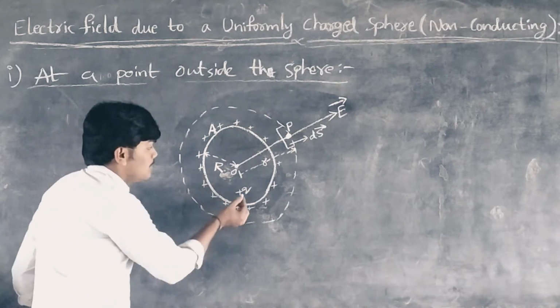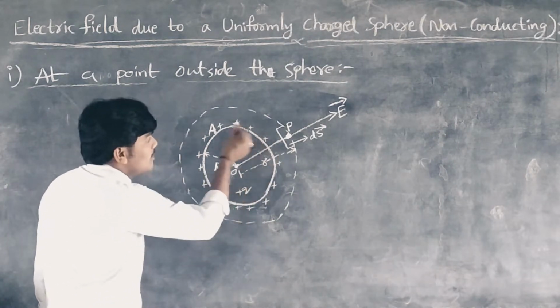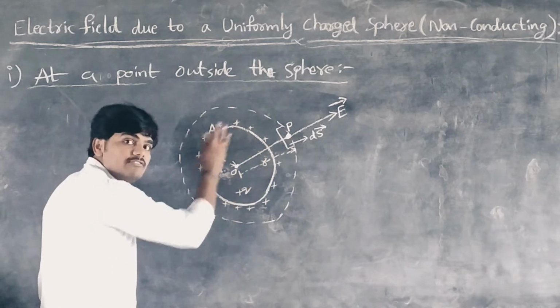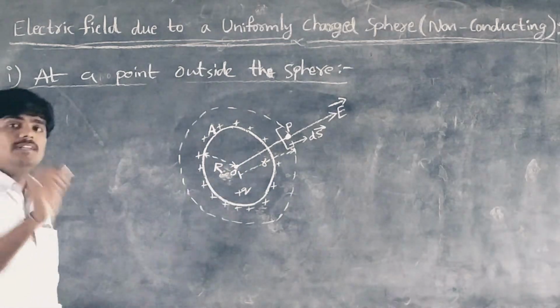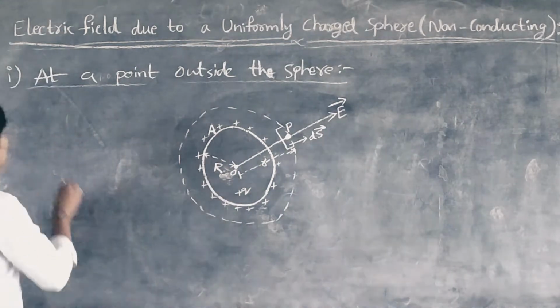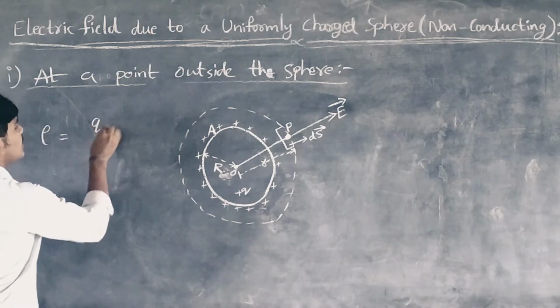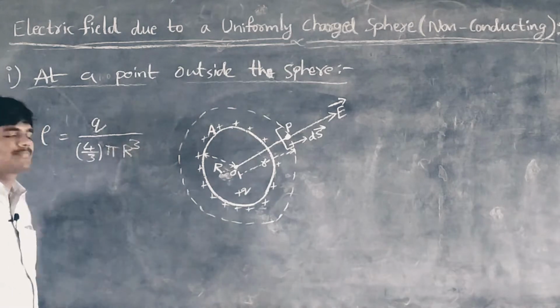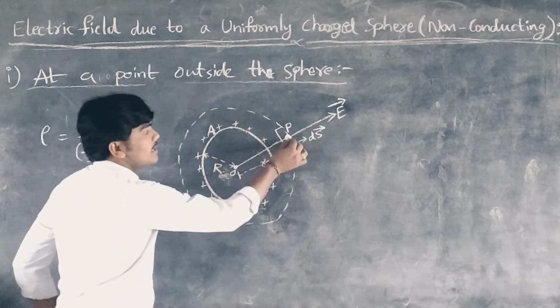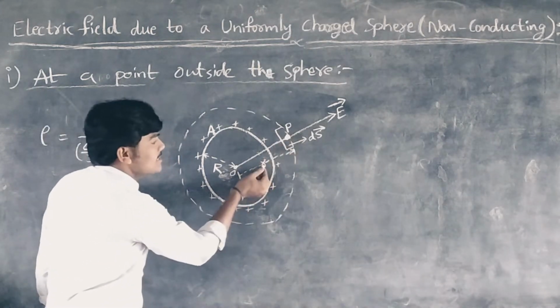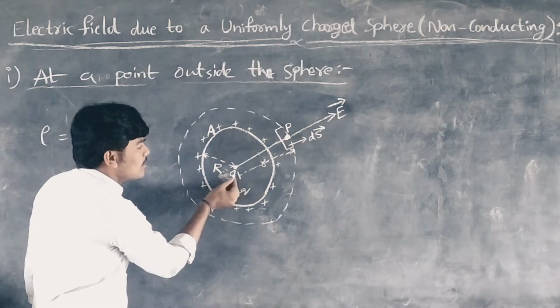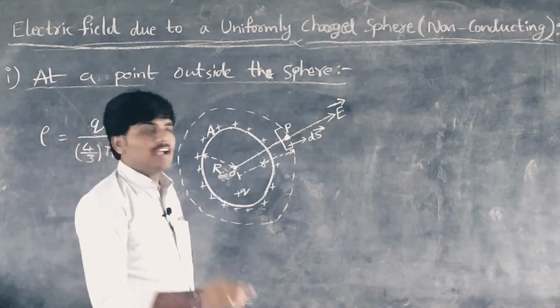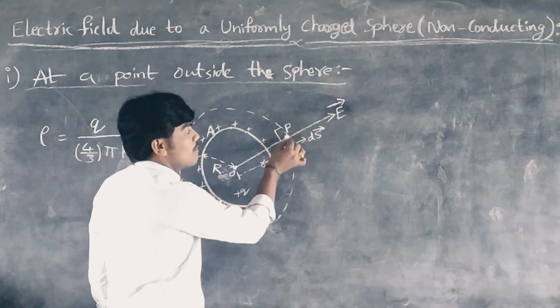Let a charge plus q be uniformly distributed throughout its volume. The volume density of charge is given by rho is equal to q by 4 by 3 pi R cubed. Suppose P is an external point at a distance r from center O of the sphere. We shall find the electric field at this point.